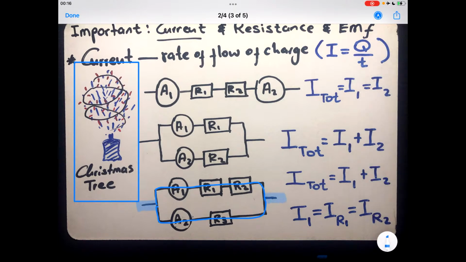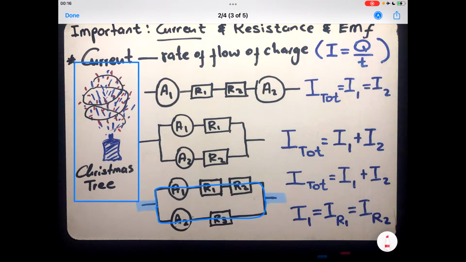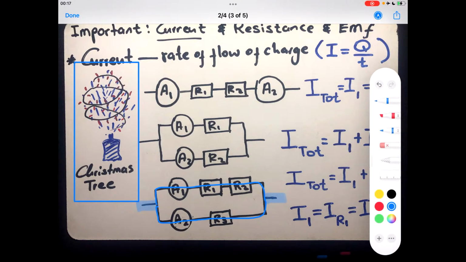Again, the same explanation regarding current can be applied in this case. So let's see.